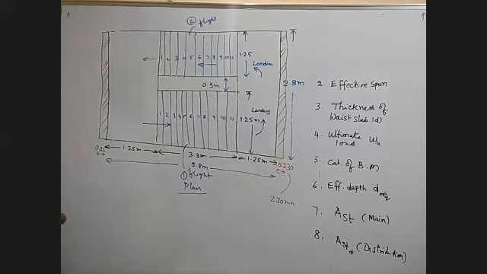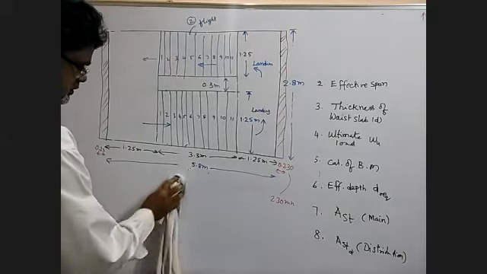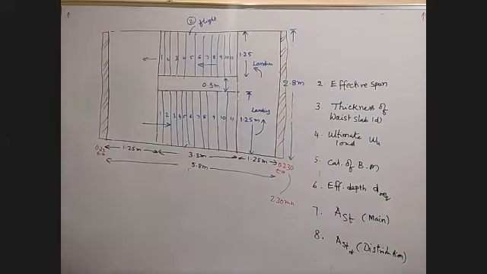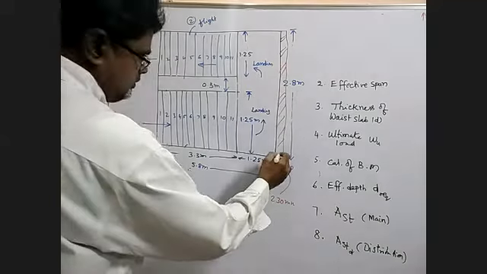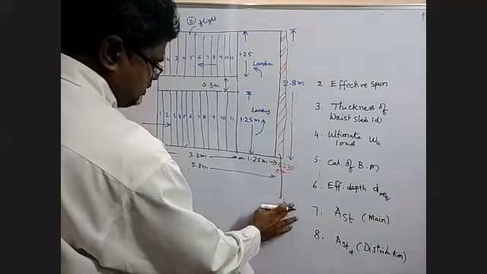Okay. Now we'll see the effective span of the stairs. The next step is the effective span is equal to clear span plus center to center of supports. That is center నుంచి center. This is 230 mm.